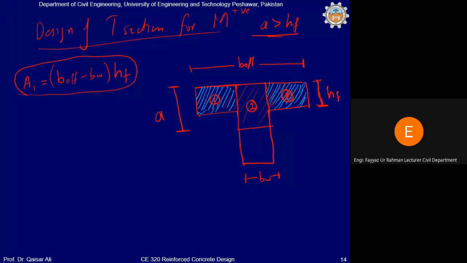You can calculate this from this equation. So since it is known to you in advance, corresponding to this area you can calculate the compressive force. For example, C1 resisted by this much area. कैलकुलेट कर सकते हैं कि नहीं? The compressive force resisted by area 1 आप कैलकुलेट कर सकते हैं?